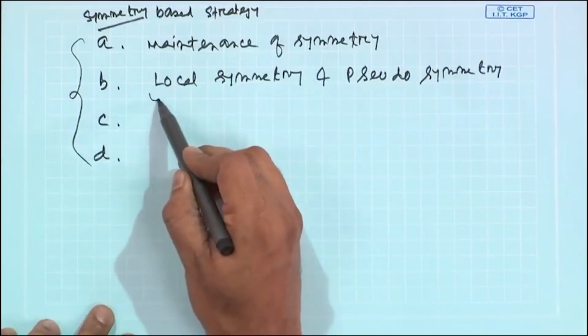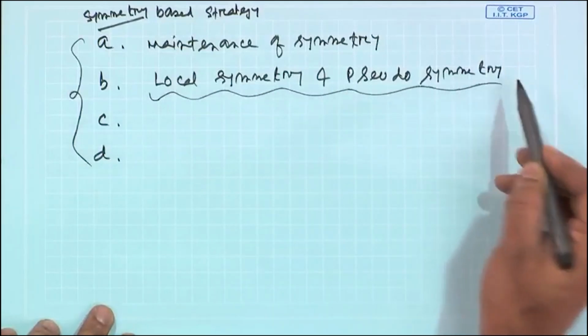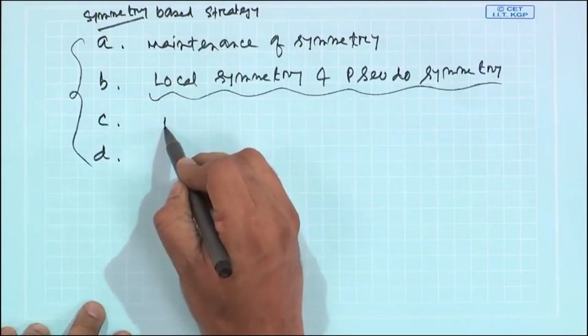So, there is a local element of symmetry in the structure, and due to the presence of some different functional group, the entire molecule becomes pseudo symmetrical, meaning it looks symmetrical because one part has local symmetry, but due to the presence of that functional group it is only pseudo symmetrical. We will talk about some molecules where local symmetry and pseudo symmetry are involved and what the strategies are.